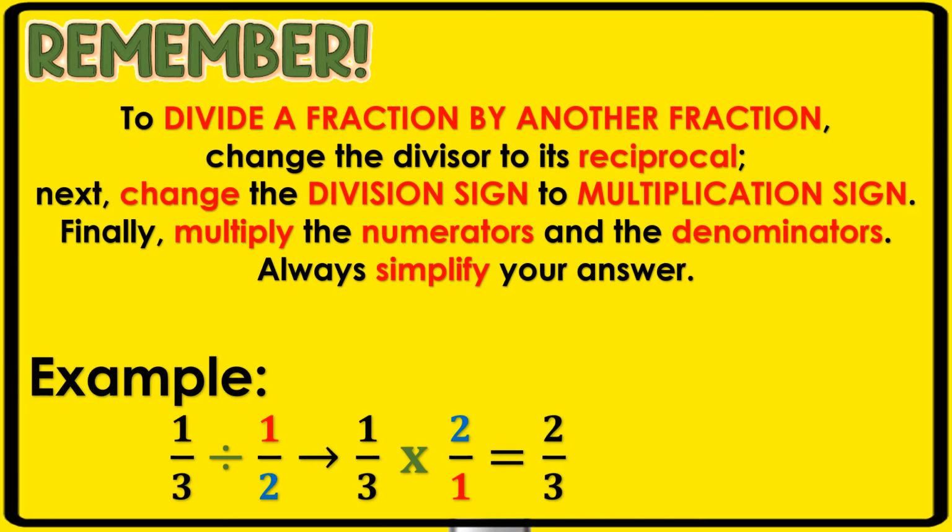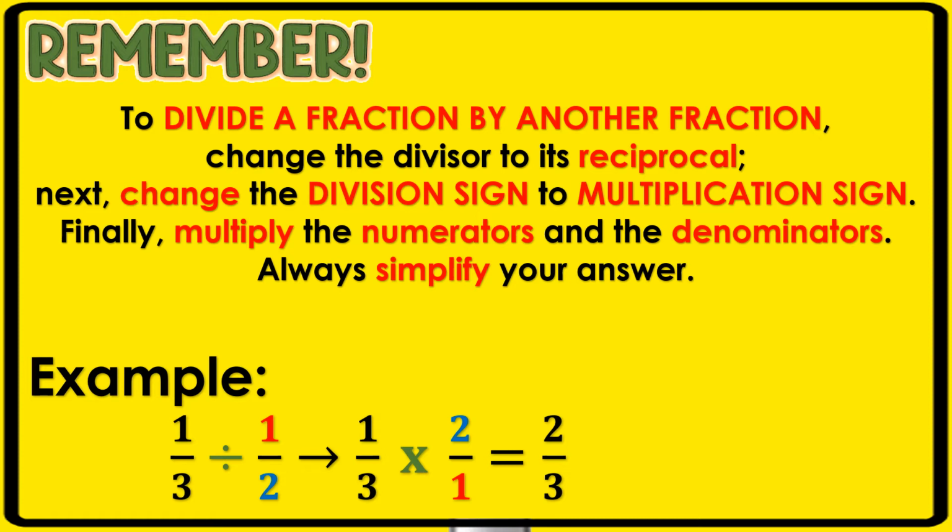Remember, to divide a fraction by another fraction, change the divisor to its reciprocal. Next, change the division sign to multiplication sign. Finally, multiply the numerators and the denominators. Always simplify your answer.